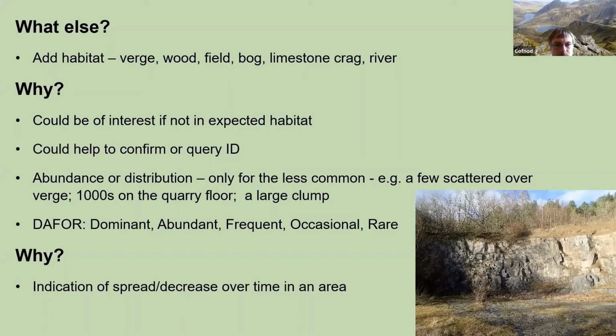Rare means you've only got 1 or 2, and all the others make an educated estimate of where you're going to be finding it on your verge, in your quarry, in your woodland, for example. And again, that's really, really useful for future reference, rather than just recording that your plant is there.